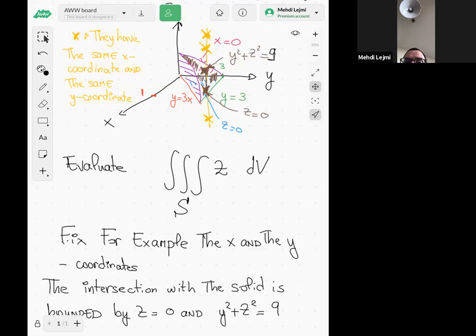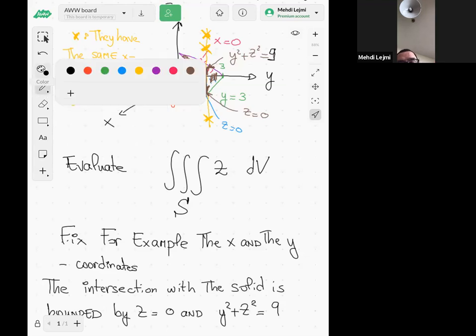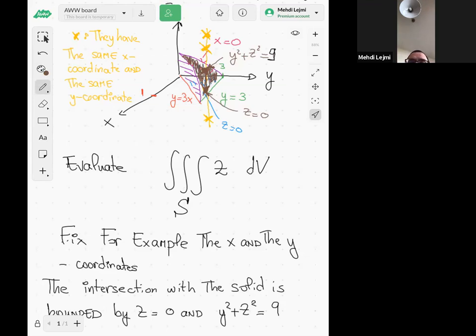Because you see, in the bottom the intersection belongs to the XY plane, that's Z equals 0, and in the top of the intersection, the point would belong to the cylinder, because that's this face here. It's described by the cylinder, right?